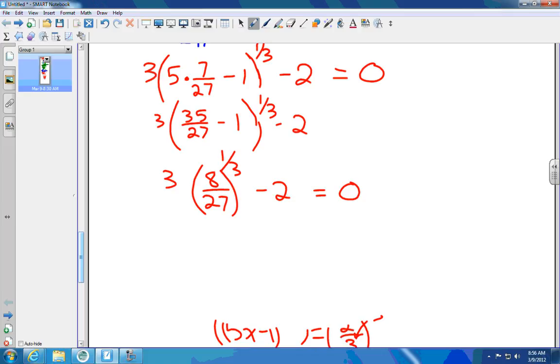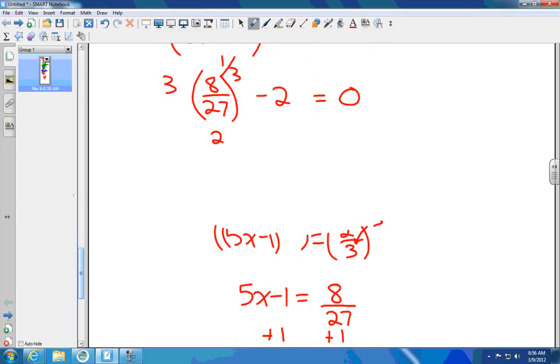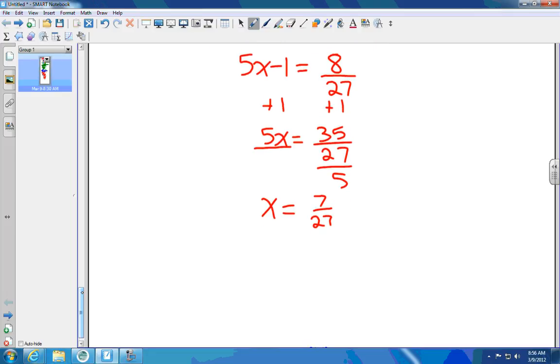So 8 over 27 to the 1/3 would take you back to 2/3, times 3. So now it is times 3, like you guys were doing earlier. Cross that off. What do you have? 2 minus 2, 0 does equal 0. The solution does check. It's like a whole page. 7/27 is the correct answer.